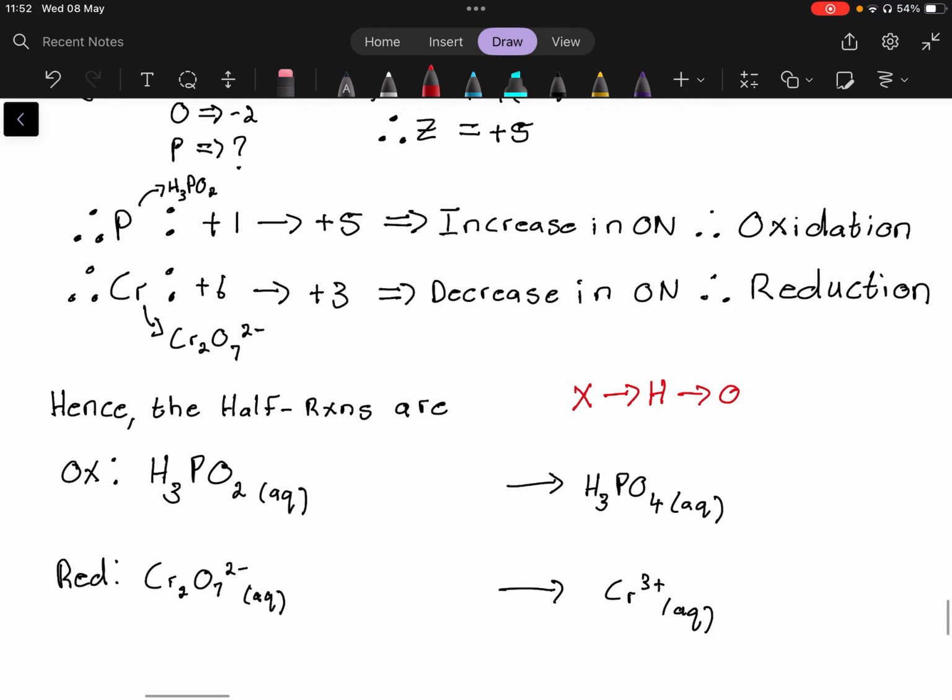So that's our steps. So what's the non-hydrogen oxygen species? It's phosphorus. So we see there's one phosphorus there, there's one there. So that's fine. There's 3 hydrogen here, there's 3 hydrogen here. So that's fine. And then we need to balance oxygens. And there's 2 oxygen on the left and there's 4 on the right.